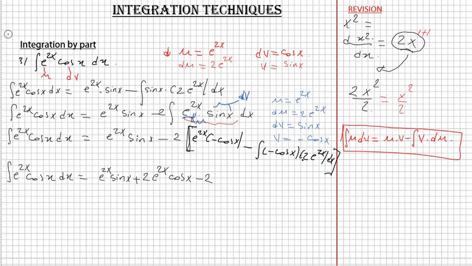We have another 2 there, so we actually need to have negative 4, because that 2 and that 2 multiply to each other. So first have the integral sign, and then e to the power of 2x multiplied by cos x dx.